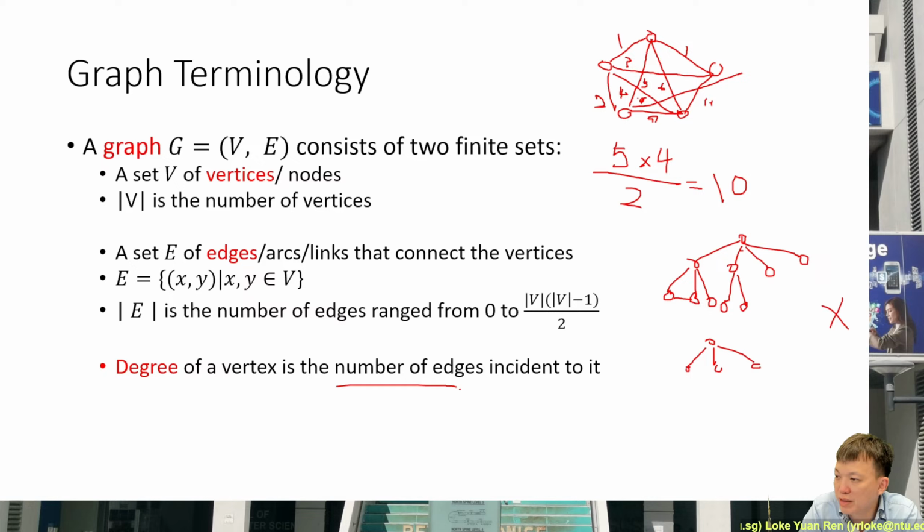That means it's a cycle, but can a cyclic graph be said to have an Euler circuit? It may not. I can have something like this: this is a cycle, then this side is not.